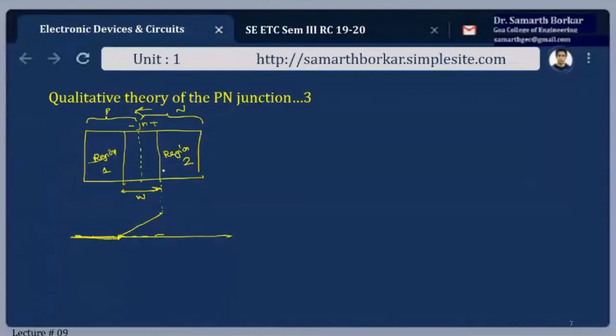And again here it is electrically neutral, so it will not contribute to any voltage. So this is how the plot will look like. This is what is referred to as barrier potential or built-in potential.